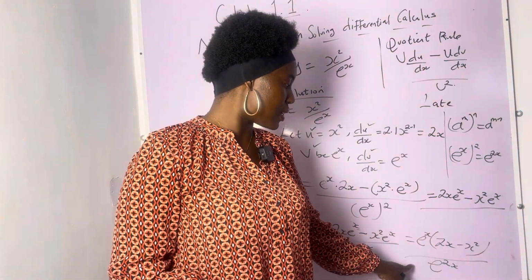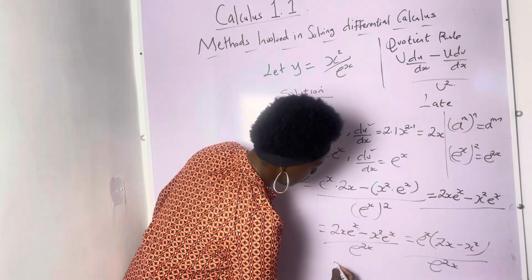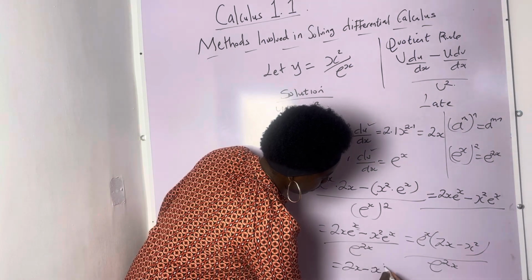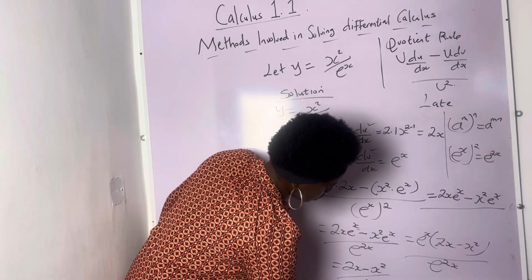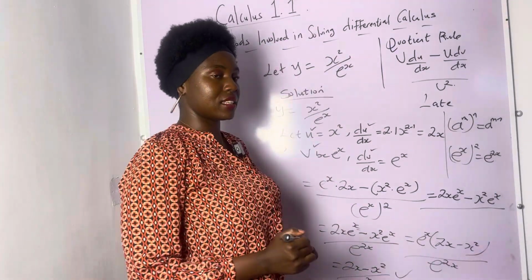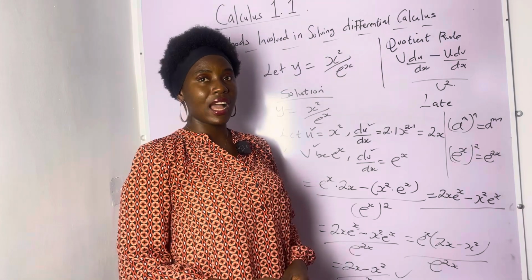You see that exponential x is outside in the numerator, and we have 2 exponential x in the denominator. So we can have this to be 2x minus x squared over exponential x as our final answer. So this is our final answer: 2x minus x squared over exponential x.